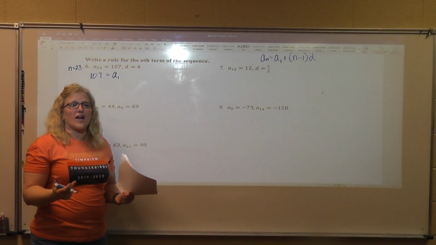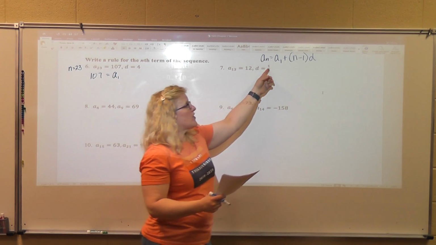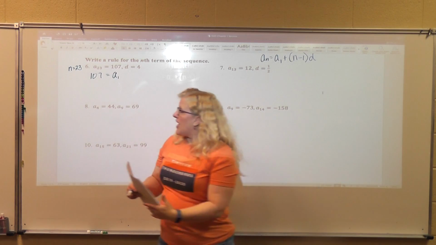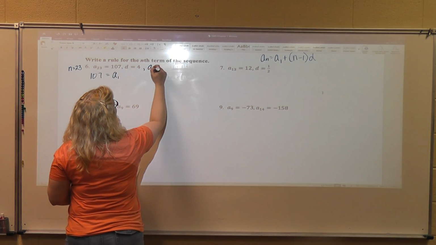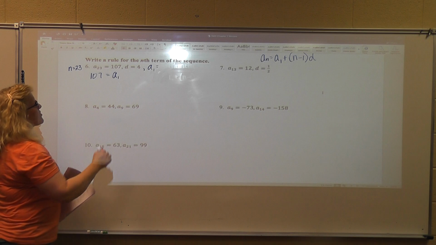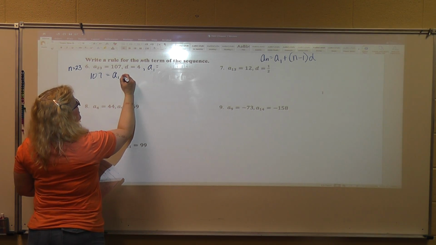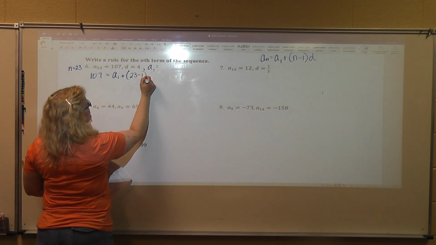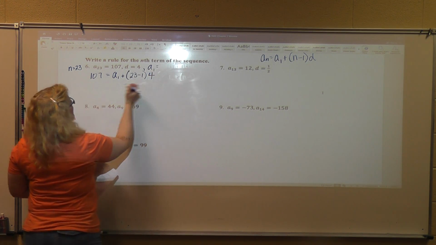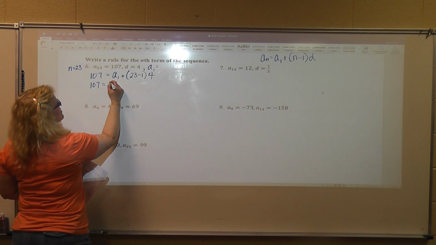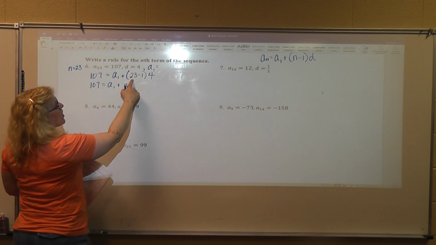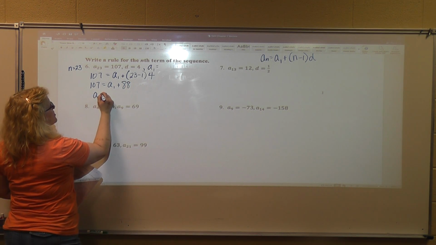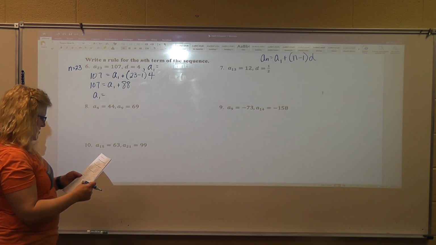That's what we're trying to find, because remember, in order to write a rule, we need a sub 1 and we need d. We already have d, so I'm going to write a little a sub 1 up here. So we have a sub 1 plus n minus 1, which is 23 minus 1, times d, which is 4. So 107 equals a sub 1 plus 22 times 4, which is 88. Subtract 88 from both sides. A sub 1 is 19.